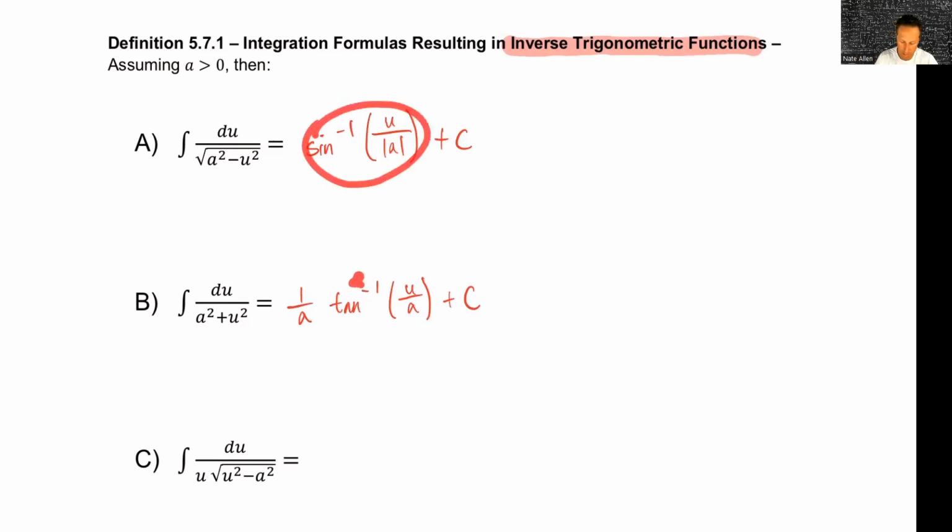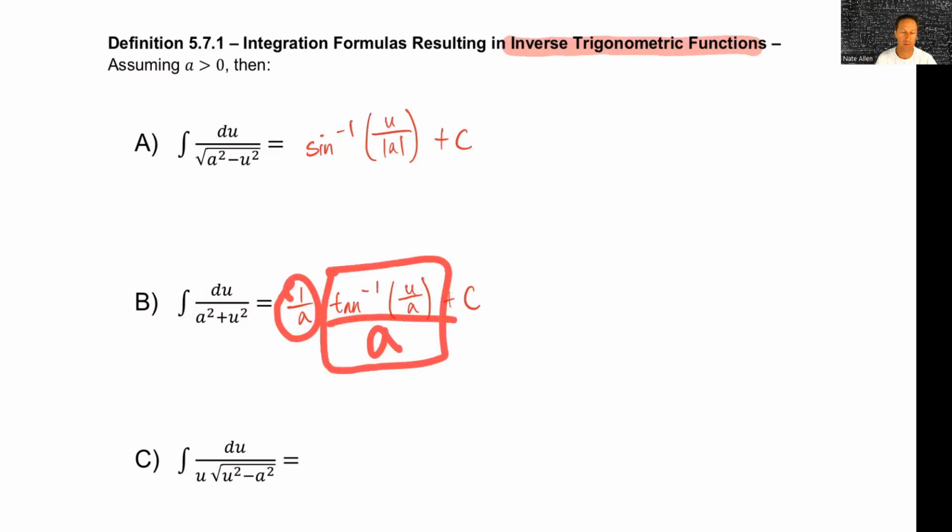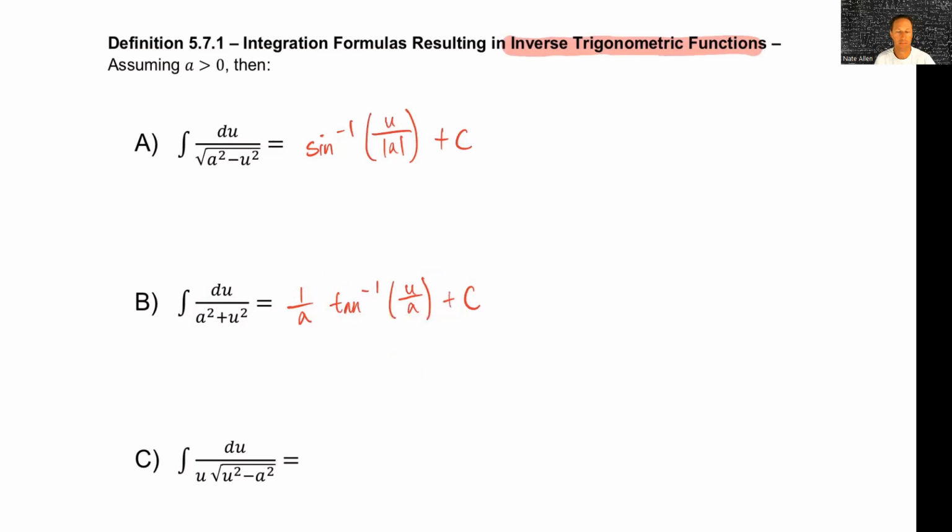Just like we had here, notice we don't have to specify that the a is positive because it's already implied down here. Right now, this also has the 1 over a on the outside, so whatever that value squared is that you take the square root and get the a for, you'll also have that fraction out in front. And it's just safer to put 1 over a rather than this whole thing over a, because then that starts getting a little ugly and you could make mistakes.